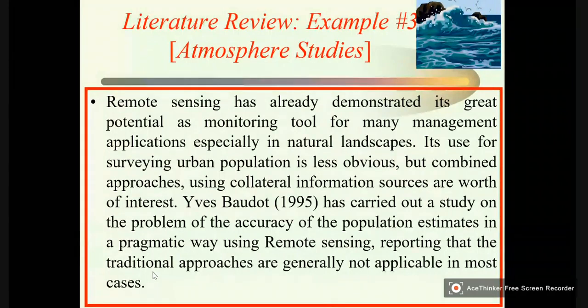Remote sensing has already demonstrated its great potential as a monitoring tool for many management applications, especially in natural landscapes. Its use for surveying urban population is less obvious.